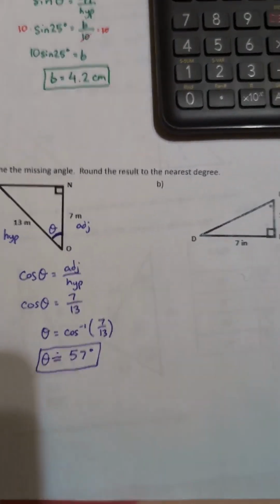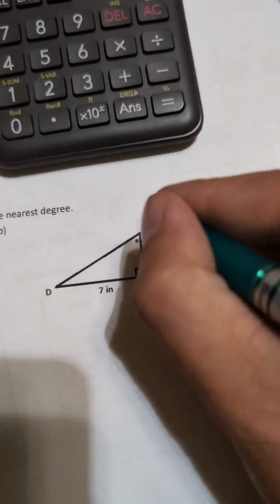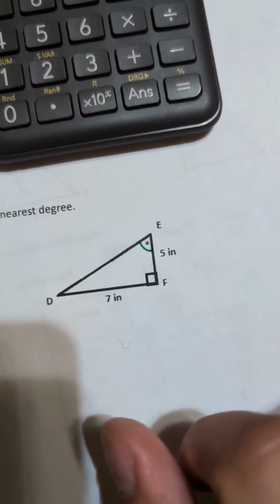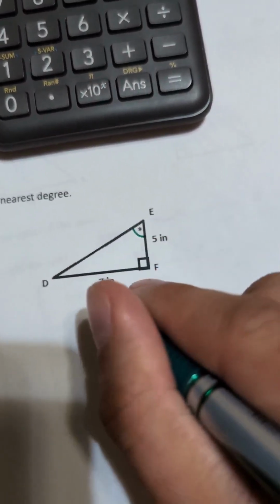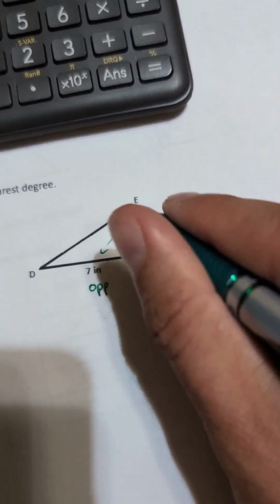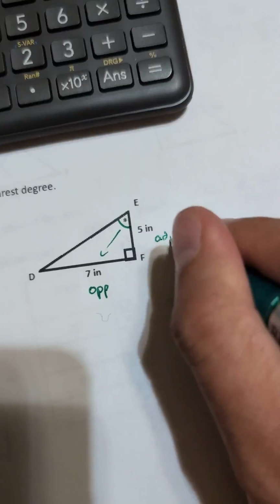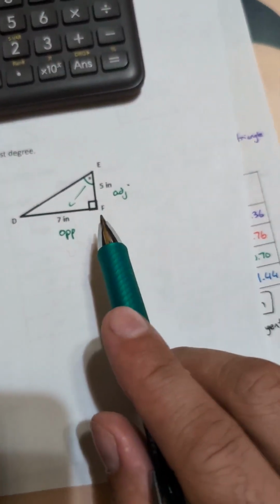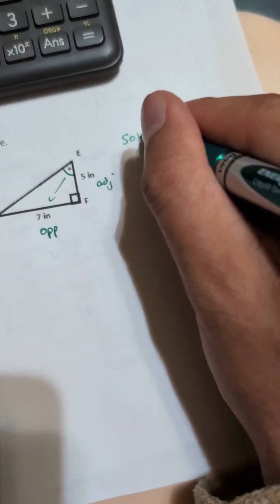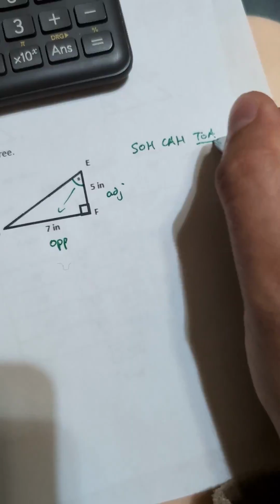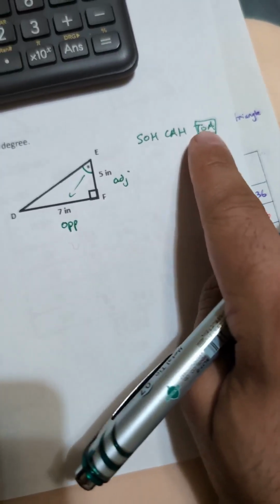And then one more here with our angle with the little asterisks. This side is opposite that angle. This side's between the angle and the right angle, so it's adjacent. So O and A, SOHCAHTOA. I need the tan.